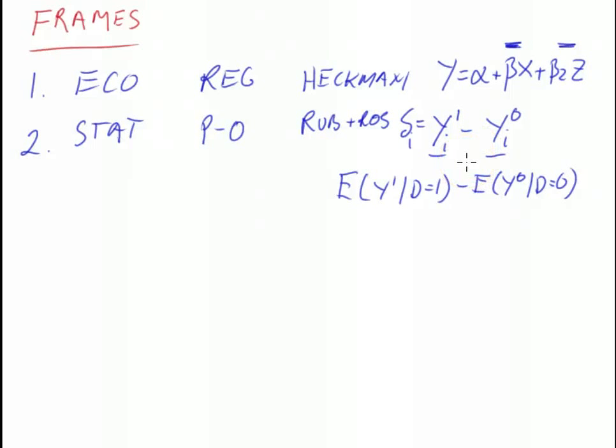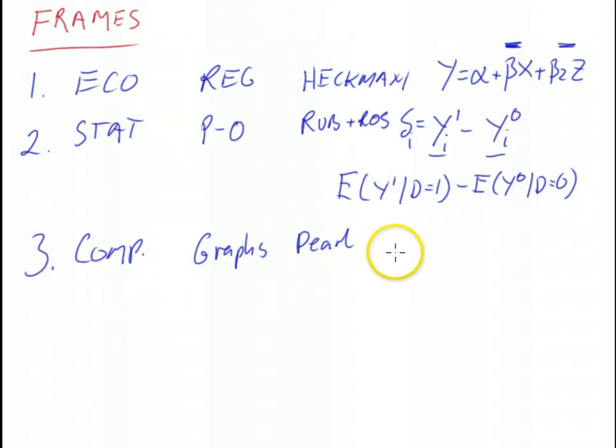The third way I wanted to show you is used in computer science, and it's an approach based on graphs, associated with someone called Judea Pearl. Now, this may look simple, but it actually gives quite a lot of insight. So let's say you want to look at the correlation and the causation between drinking and blood pressure.